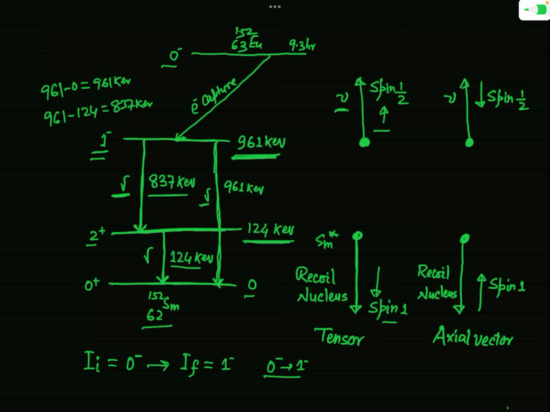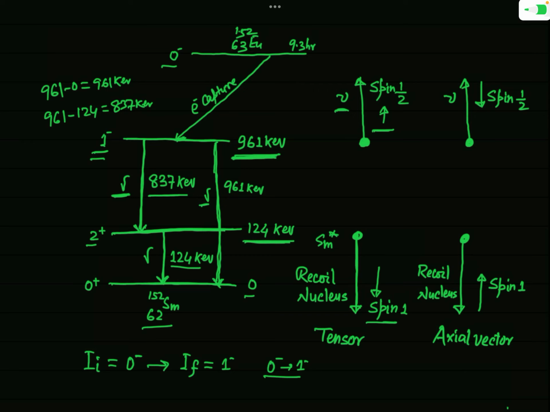So we simply say that the emitted neutrino and the recoiling nucleus must have spin anti-parallel to one another. Now in the second figure you can see this first representation, where the spin of the recoil nucleus is 1 and it is in downward direction, and the spin of the neutrino is 1/2 and it is in upward direction.